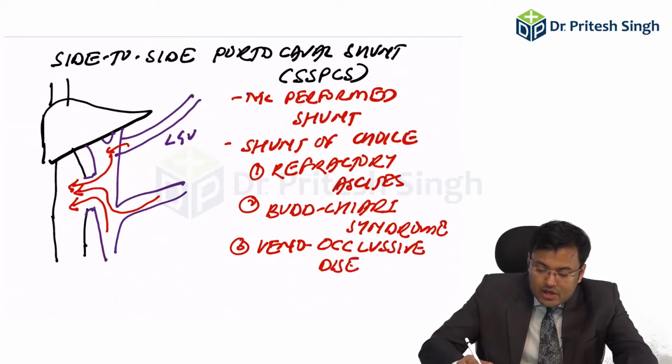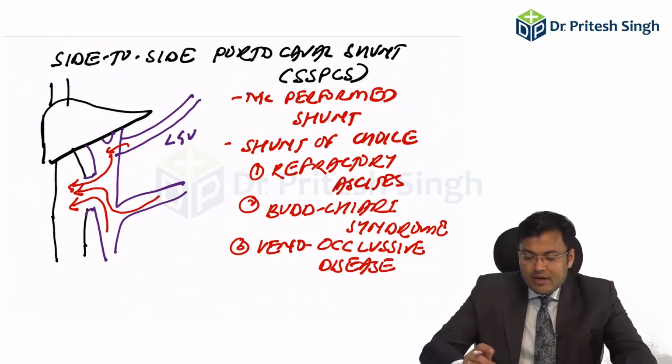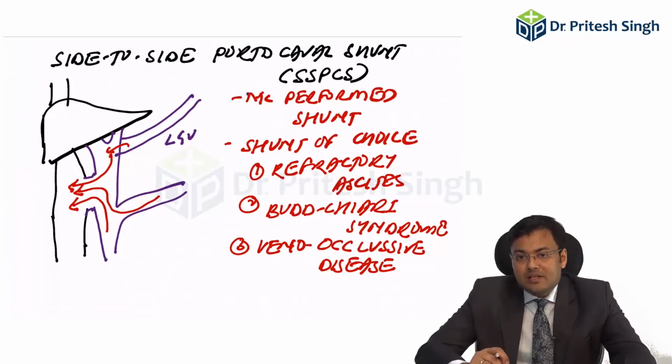This is shunt of choice for refractory ascites, Budd-Chiari syndrome, and veno-occlusive disease. So this is side-to-side portocaval shunt.